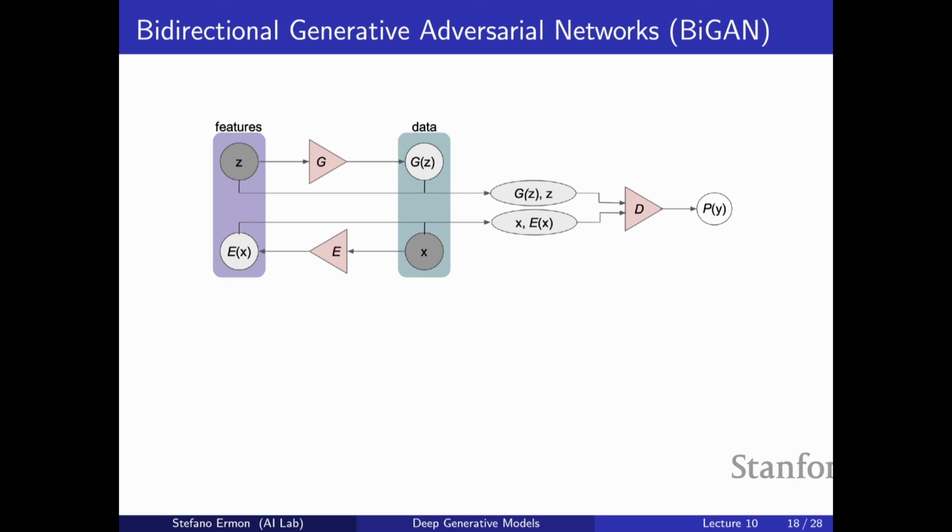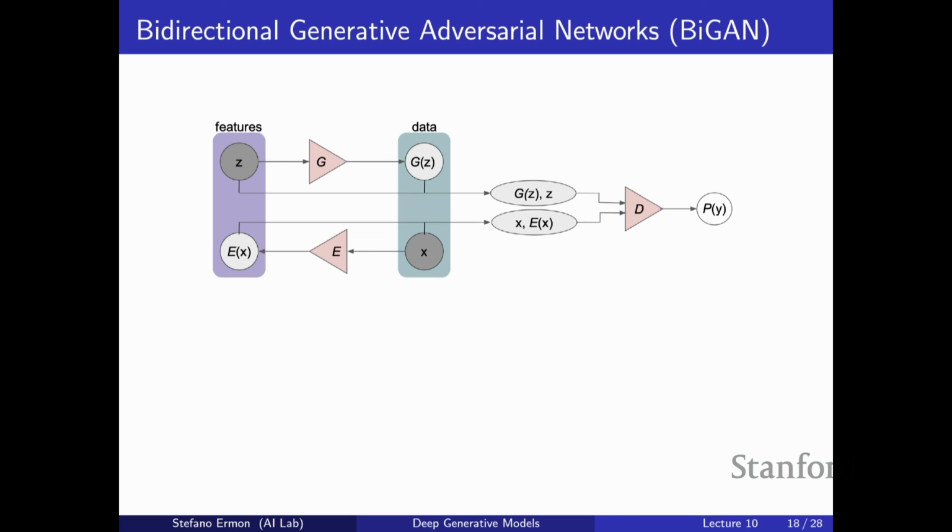It's called the BiGAN, because it goes in two directions. So you have latent features that get mapped to data through the generator, and then you have data that gets mapped to latent features through some encoder network. And then the job of the discriminator is to not only distinguish G(Z) from X, fake samples from real samples, but now the discriminator is going to try to distinguish fake samples with the latent variables from the model from real samples and latent variables inferred from the encoder.